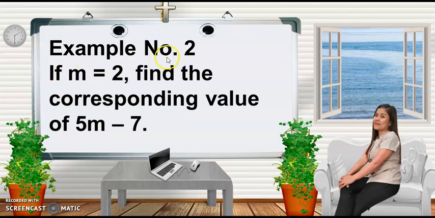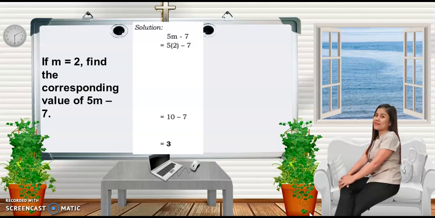In example number 2, if m is equal to 2, then find the corresponding value of 5m minus 7. The same with example number 1, first we will copy the given algebraic expression. Then we will substitute the variable by its corresponding value.